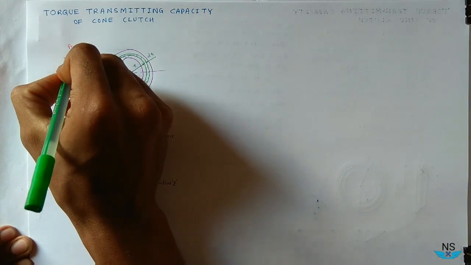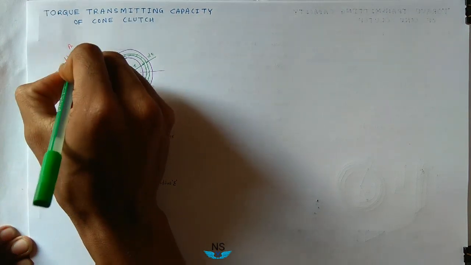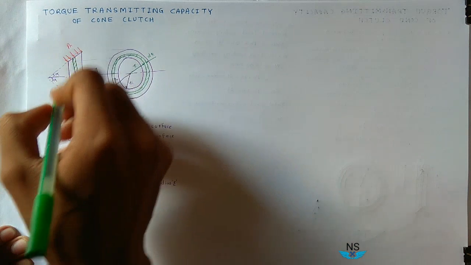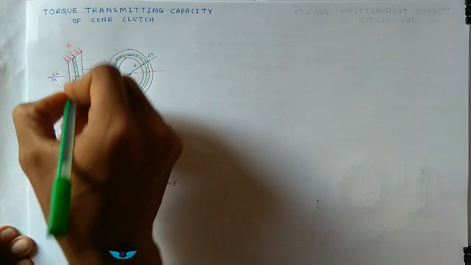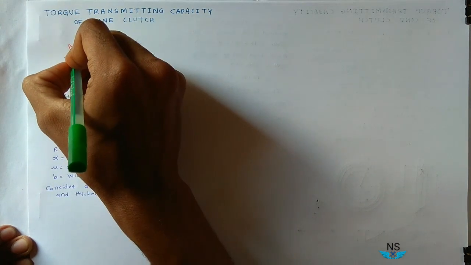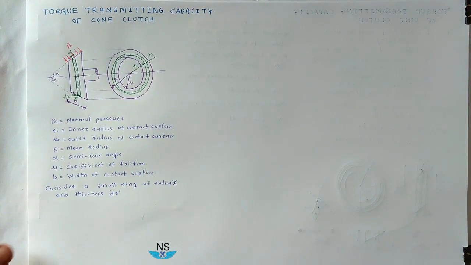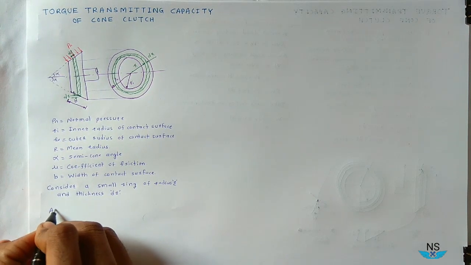Now I draw this ring also here. So this is the thickness of ring dr and this is length of ring dl. Now you know the area of ring.